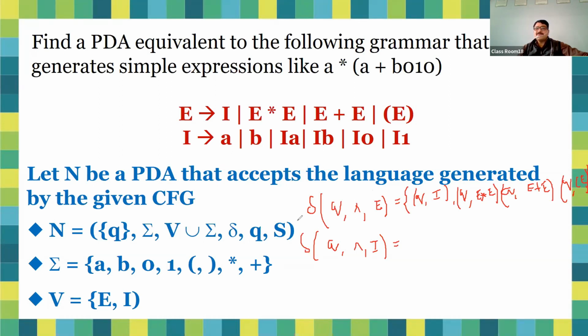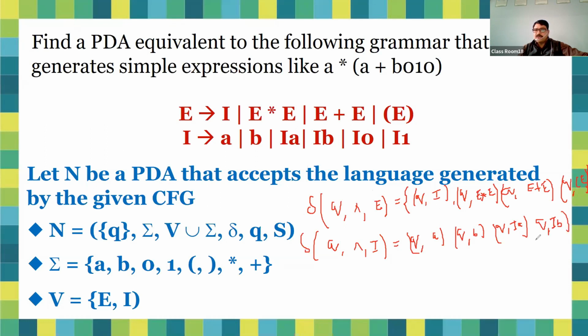Now, similarly, we have to write the rules for the variable I. In this case, you can see I produces A, so just write A here. Another one is B. Whatever is produced by this variable, you must write here, right? Another one is Q, comma IA. Another one is Q, comma IB.